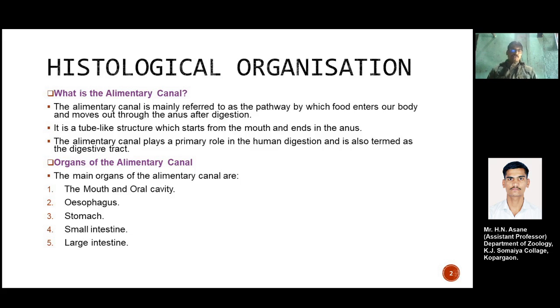So the alimentary canal is a tube-like structure which starts from the mouth and ends with the anus. The alimentary canal plays a primary role in human digestion and is also termed the digestive tract.